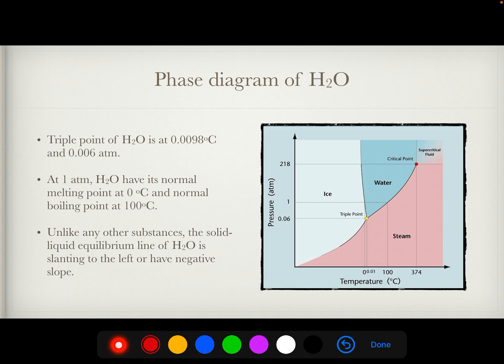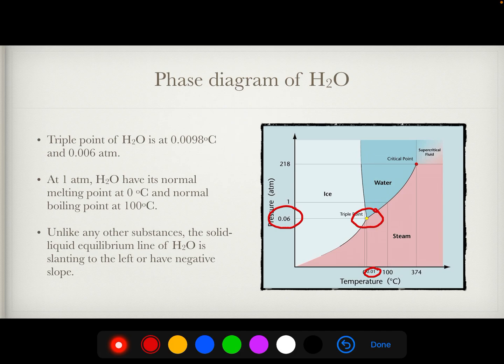Let's take a look at the phase diagram of water. The phase diagram of water is more or less the same as what I have shown earlier, but with a little bit of difference in the details. Let's look at the triple point. The triple point happens at 0.0098 degrees Celsius, or 0.01 if we want to round off, and 0.006 atm.